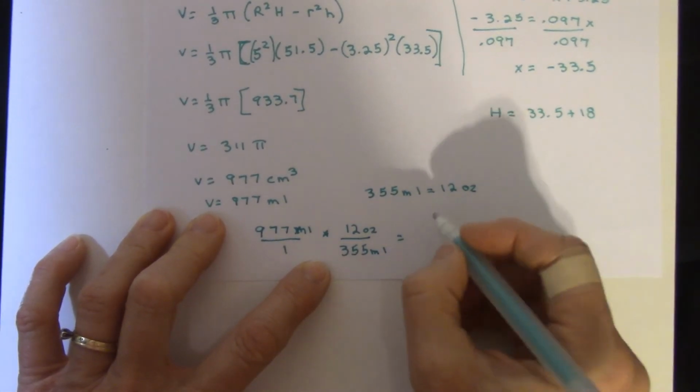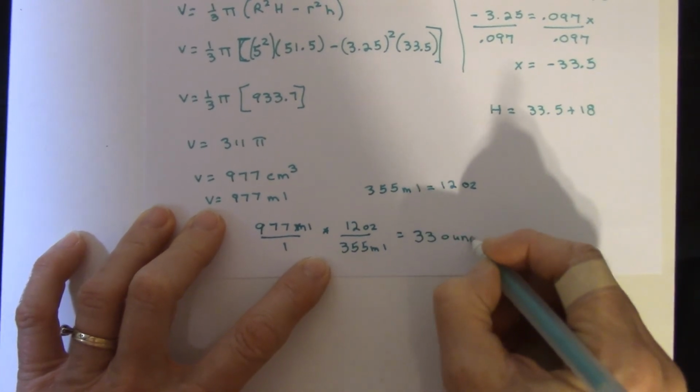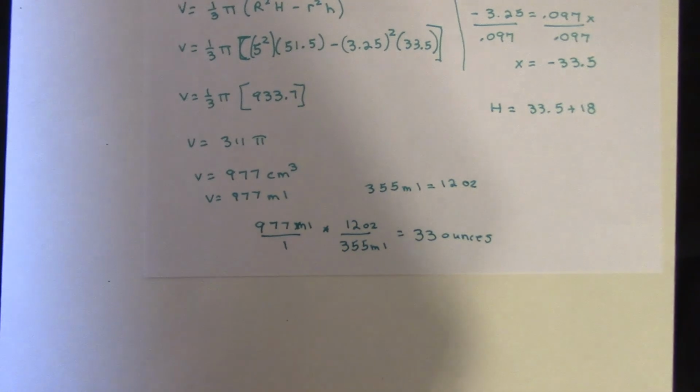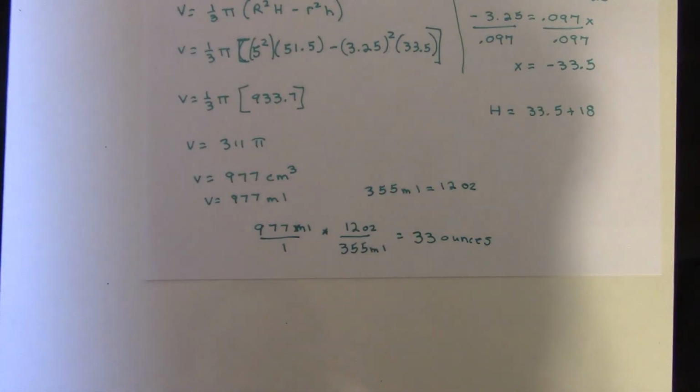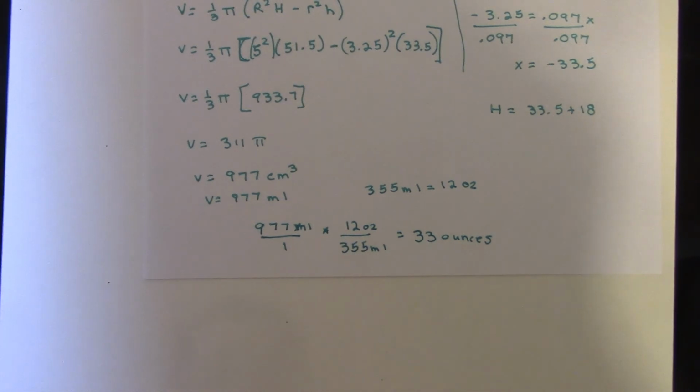When I multiply it out, it comes out to be 33 ounces. So I calculated that it would hold 33 ounces, which is really close because it's a 32-ounce container.